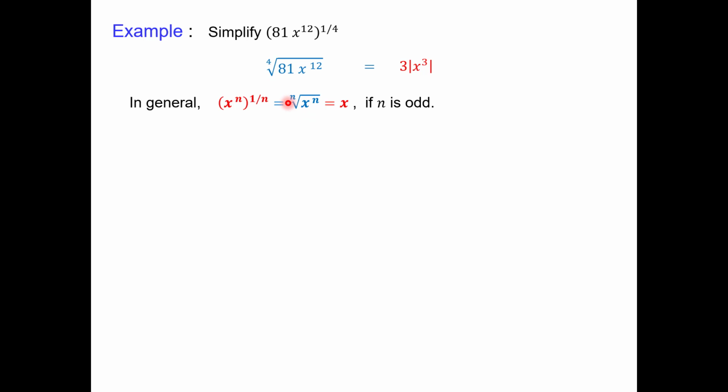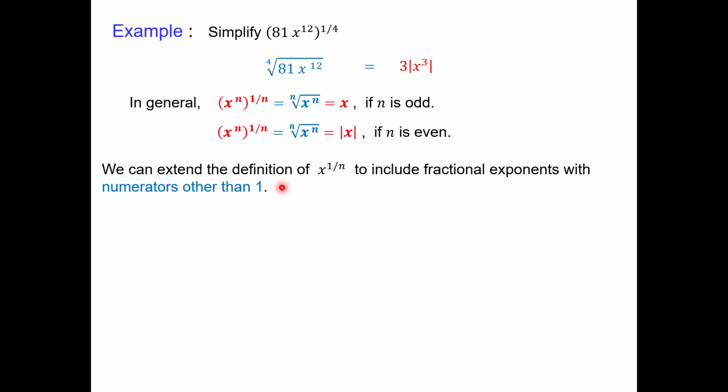If we have the nth root of x to the n, this radical is going to undo this power on x. Now this is true if n is odd. If n is even, we just have to add our absolute value bars to make sure that whatever was possibly negative is positive when we take this nth root of x to the n.